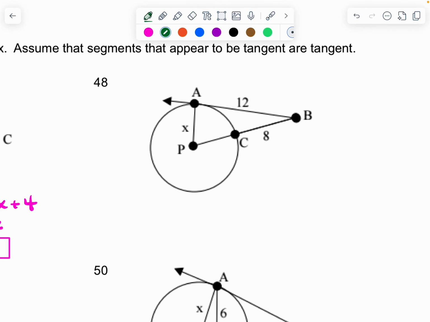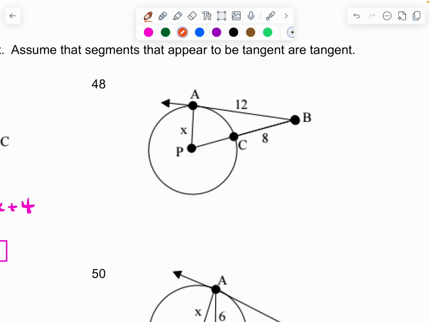All right, number 48. So on number 48, you have to remember the rule that a radius is always perpendicular to a tangent at the point of tangency. And again, remember I told you the name of the game is find yourself a right triangle, and here's our right triangle. So we're going to do Pythagorean theorem.